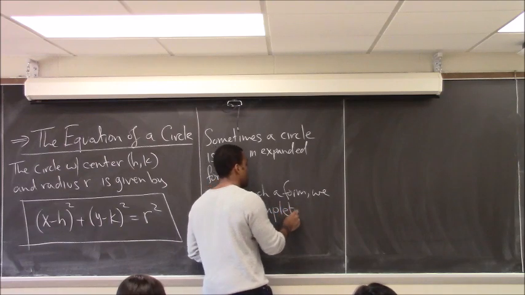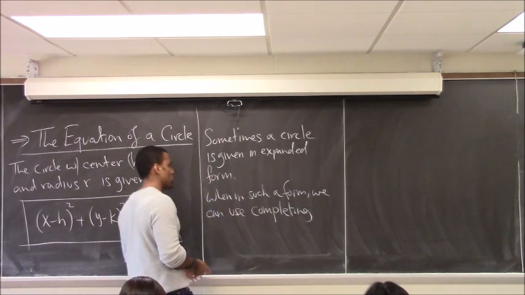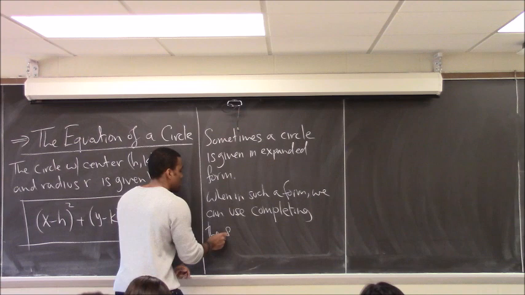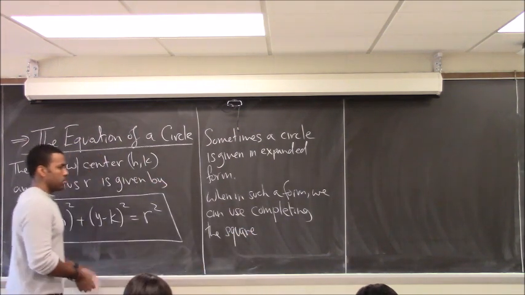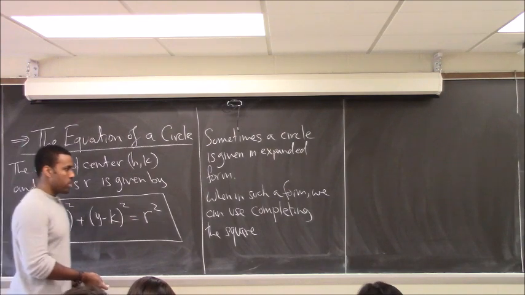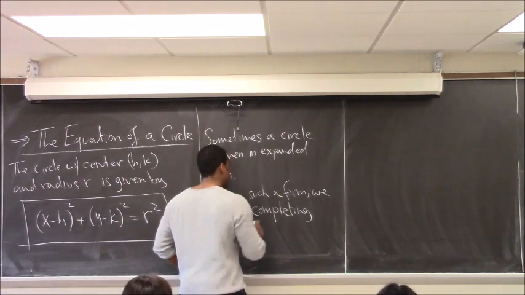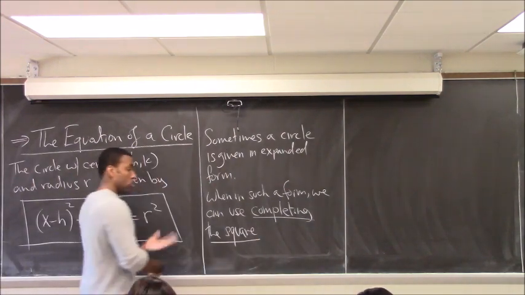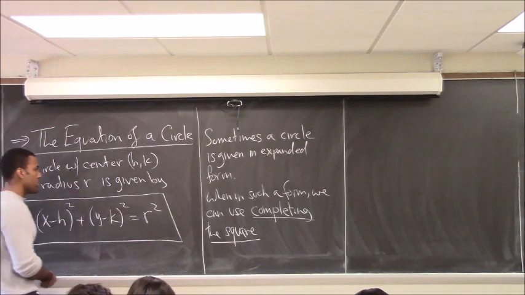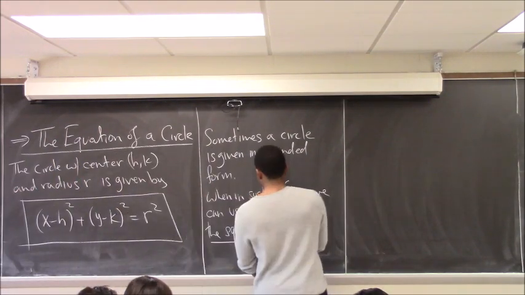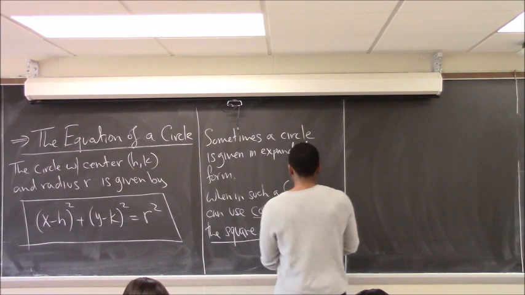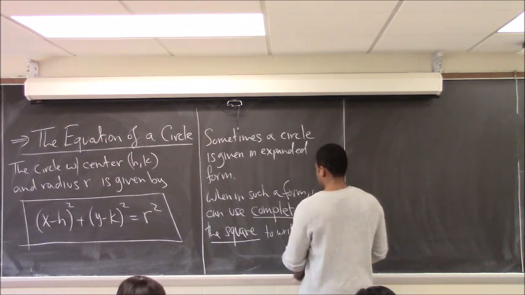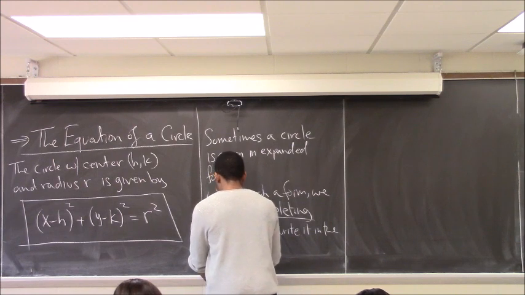So here's why you need to know completing the square, even though you're not going to use it to solve quadratics. And you'll need it later on in Calc 1 and Calc 2 for deriving all sorts of things as well. You can use completing the square, which I described to you previously, to write it in the above form.